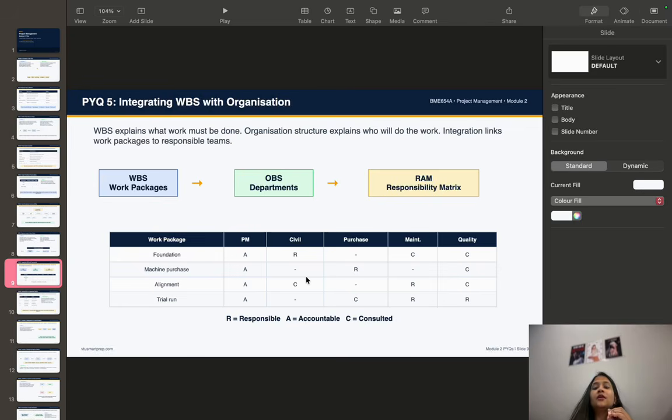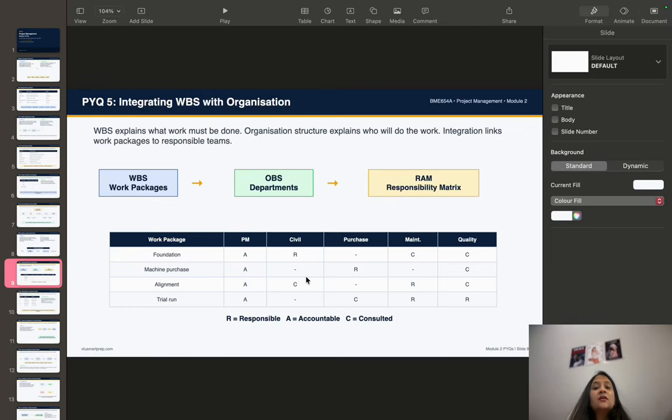Here we are talking about integrating WBS with organization. For this unit, do not skip the part of WBS. Whatever questions are there related to WBS, you have to read. Very important topic it is. The question they can ask is, explain integration of WBS with organization structure.